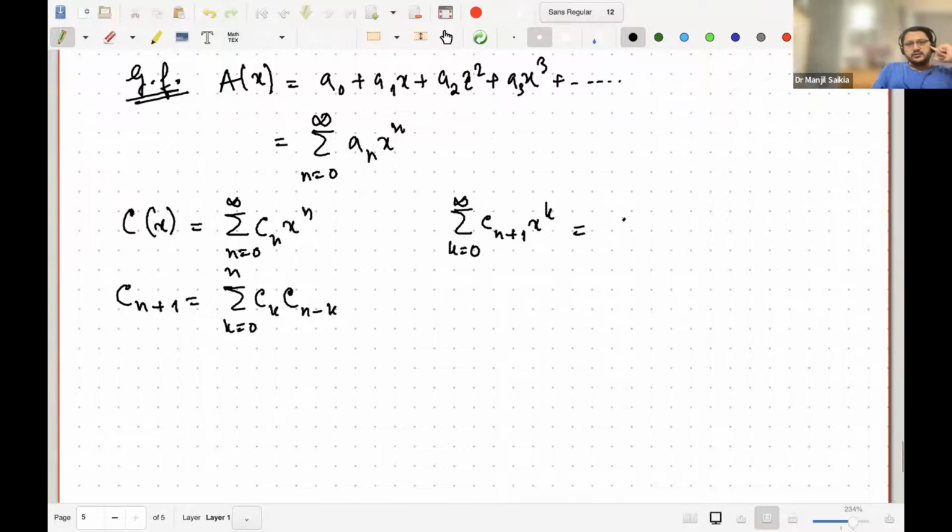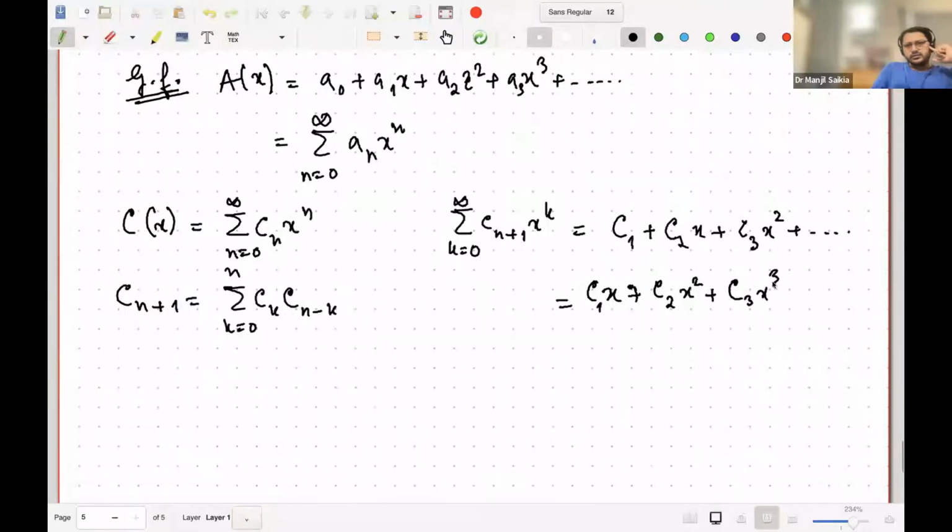So what is this basically? This starts out with C1, then C2 x plus C3 x squared, and so on, right? Now this is the same thing as C1 x plus C2 x squared, C3 x cubed, and so on. But now I have to divide the whole thing by x because I have multiplied x everywhere.